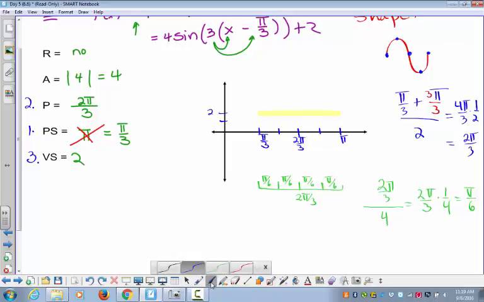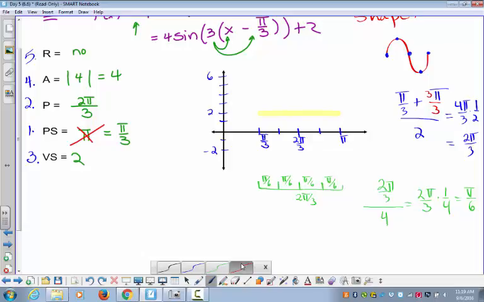Then we're going to jump into the amplitude. We need to know how far above and below that center line we need to go. So we have to go up 4 units and down 4 units. That takes us up to 6 and down to -2. So 4 units above, 4 units below. And we're going to apply the reflection as we put our key points on.